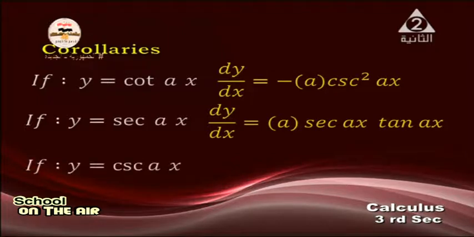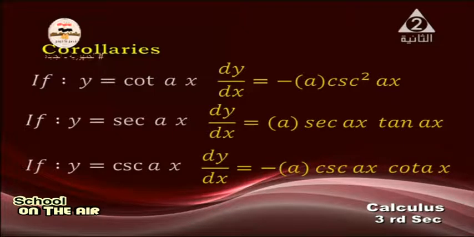The last rule, if y equals cosec ax, then dy/dx equals negative a multiplied by cosec ax multiplied by cotan ax. The derivative of cosec ax equals negative cosec ax multiplied by cotan ax, and the derivative of the angle ax equals a.